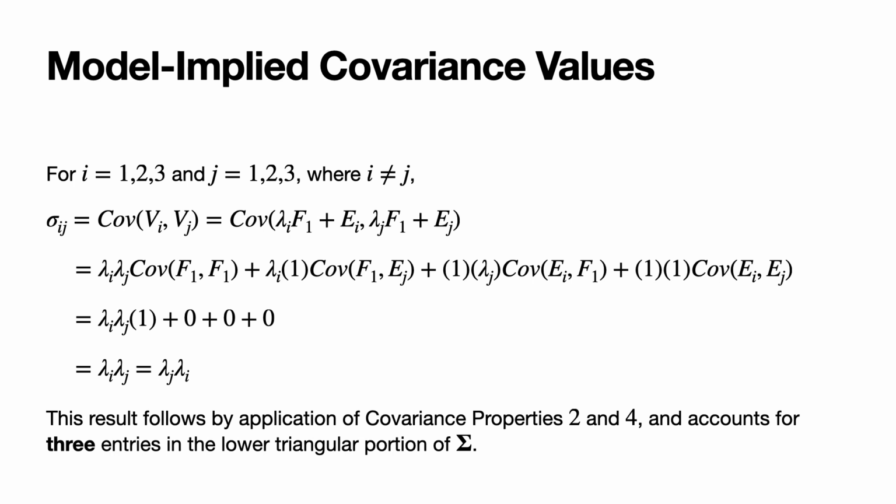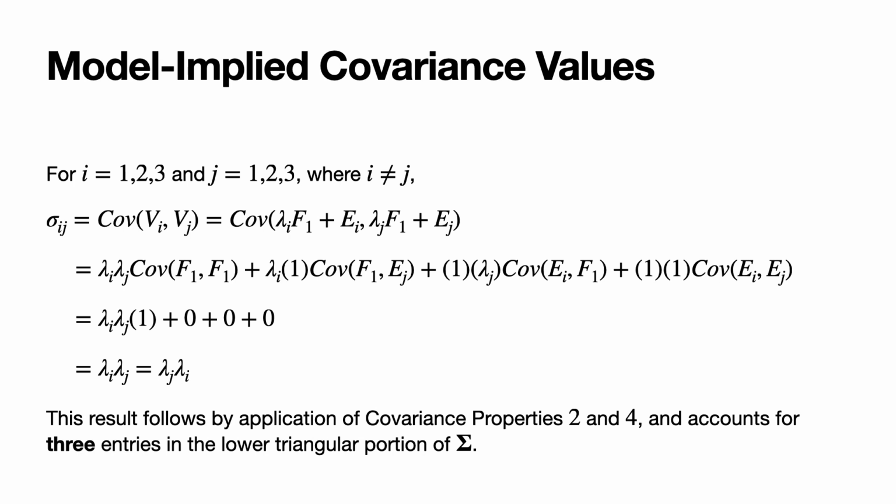This in turn is equal to lambda sub i times lambda sub j times 1, because the covariance of f1 and f1 is the variance of f1, and we know that that's equal to 1. And the rest of the other terms are equal to 0 by the assumptions we've made about the model.